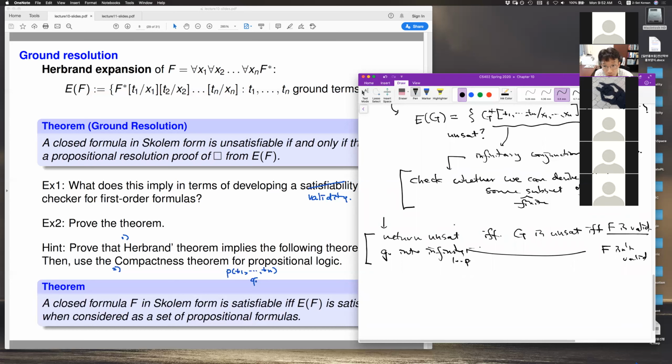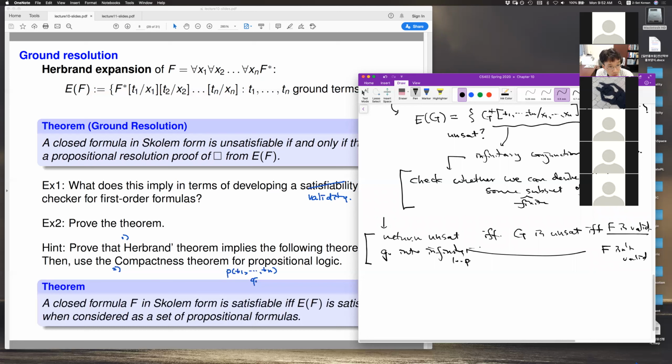So first change validity into unsatisfiability, and then Skolemize, and then use the Herbrand theorem and Herbrand expansions. Actually, we just use this ground resolution theorem to convert the unsatisfiability checking problem into the derivability of contradiction problem using resolution.